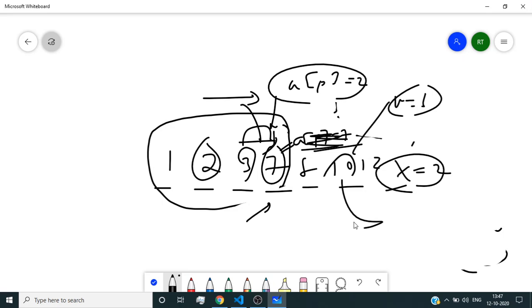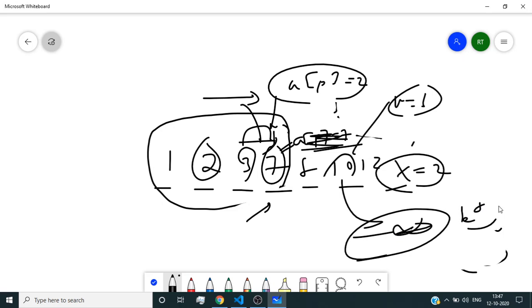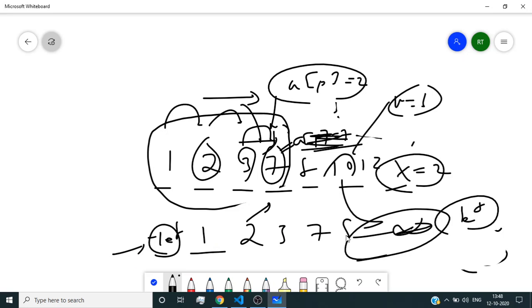So at k, I'll substitute this element with minus infinity. What would happen is all these elements would go one step upward, because when we sort the array again, this minus infinity will come here. Then all the elements 1 2 3 7 8 10, with 10 replaced, would be 12. All these elements have been shifted to the right, and this is our required position.